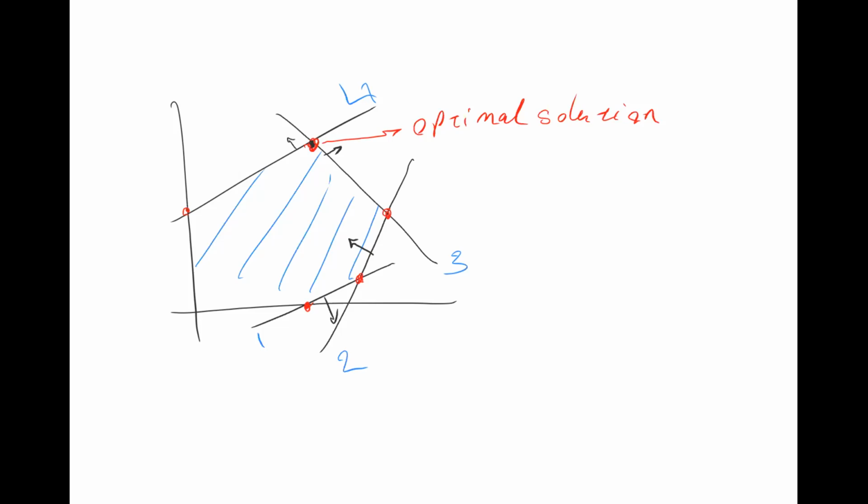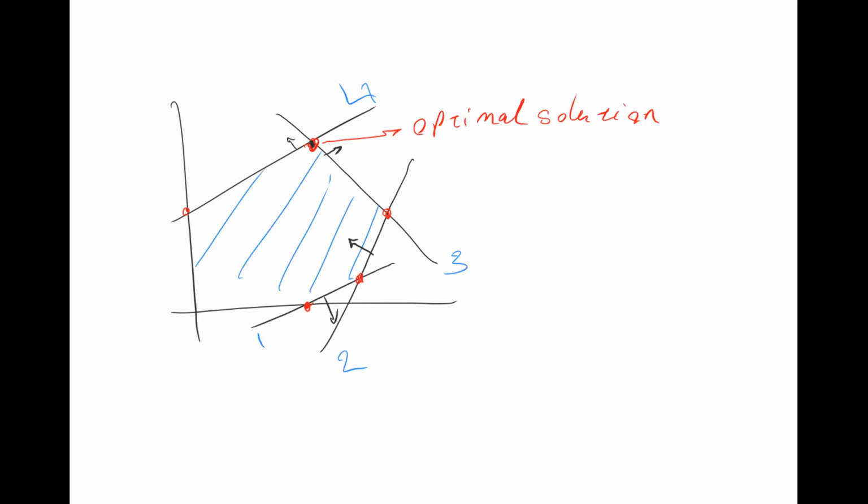I'm sorry. So I just said this is my feasible region out of 4 constraints, 1, 2, 3, 4. The blue in the middle is my feasible region. And this one is my optimal solution, the intersection of constraints 3 and 4. So what happens if I change my constraints 1 and 2?